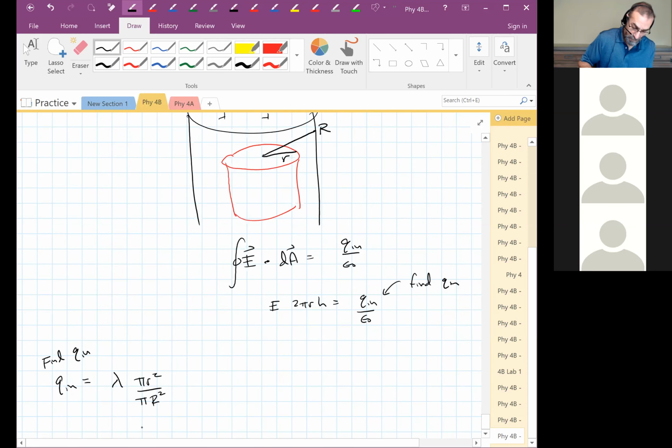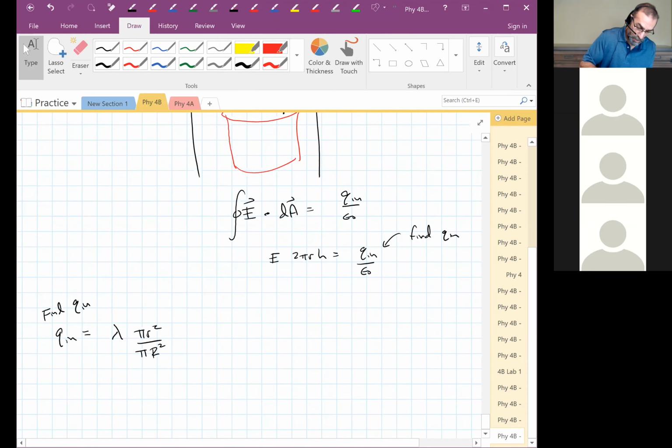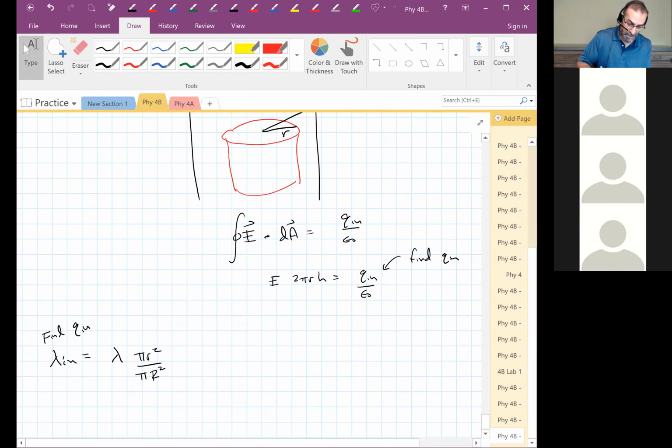Maybe I'll call this lambda in. The lambda inside of our charge distribution is this, and so Q in is going to be that times H.